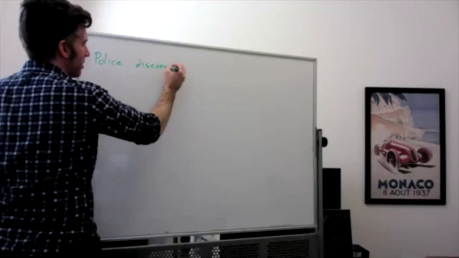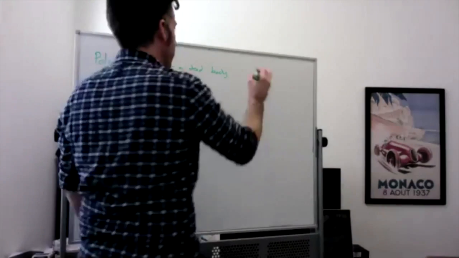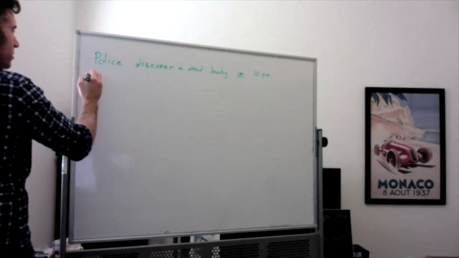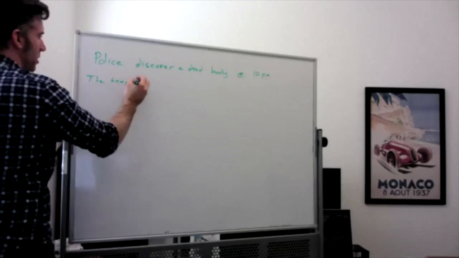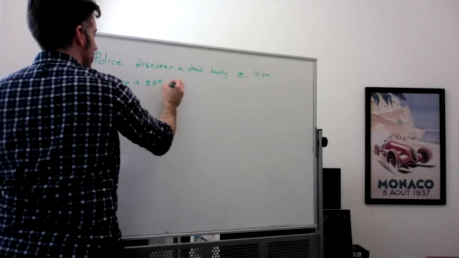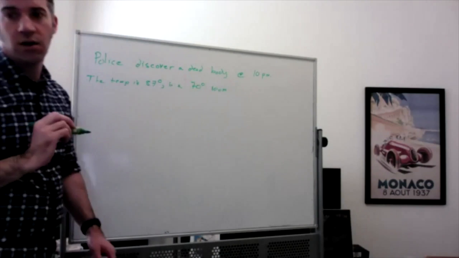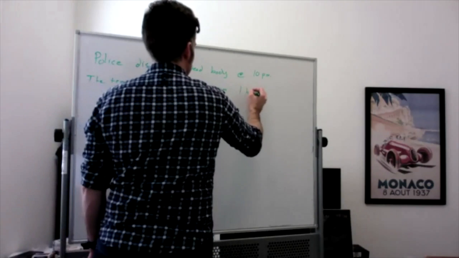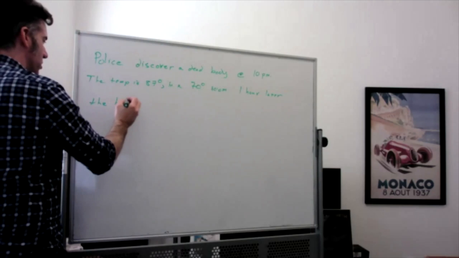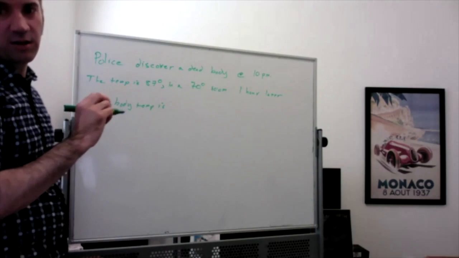Police discover a dead body at 10 p.m. The body temperature is 87 degrees in a 70-degree room. 1 hour later, the body temperature is, what have I got here? 86 degrees.